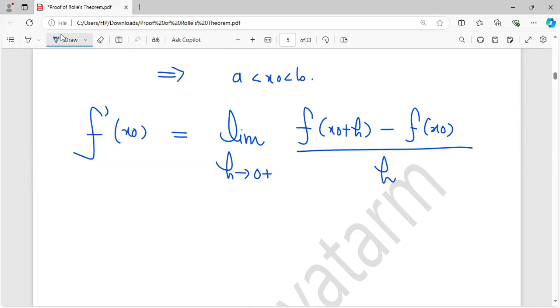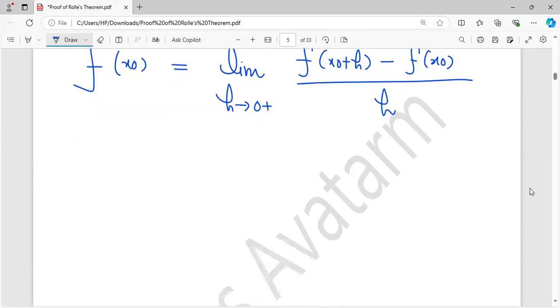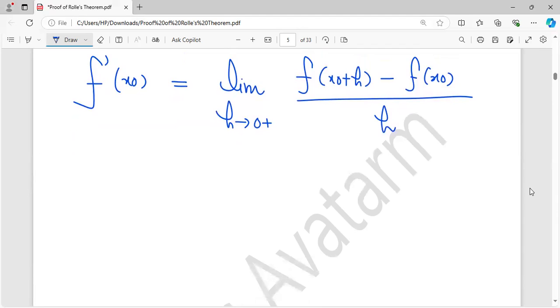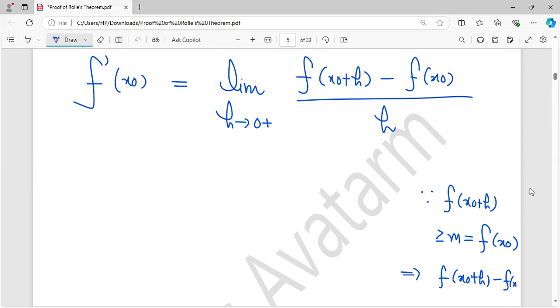But f(x naught) is the minimum point, because f(x) will be greater than or equal to small m, that is f(x naught). So f(x naught plus h) minus f(x naught) will be greater than or equal to 0.